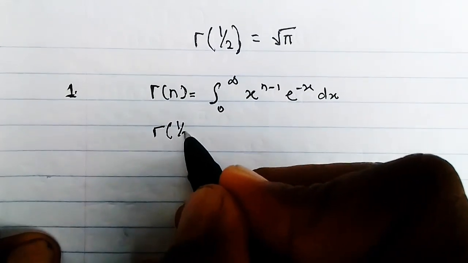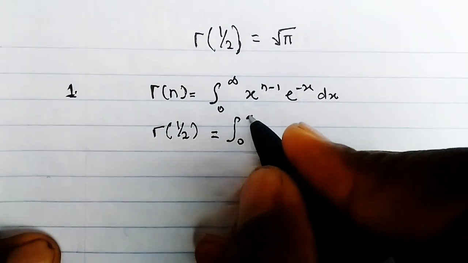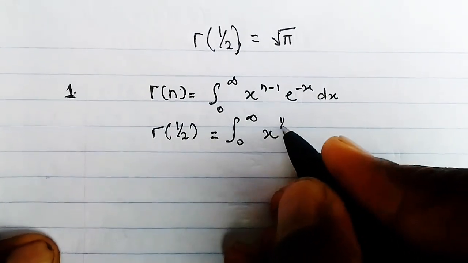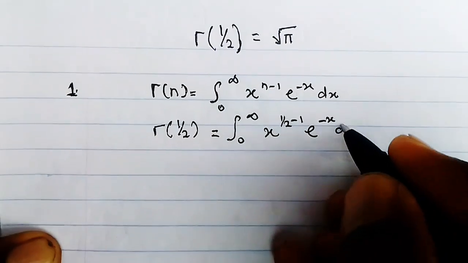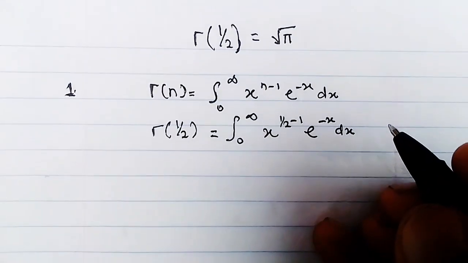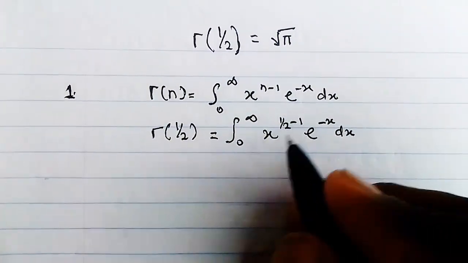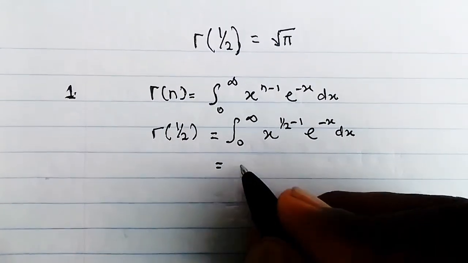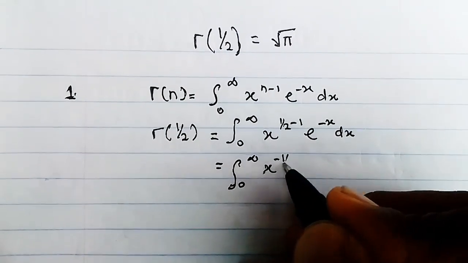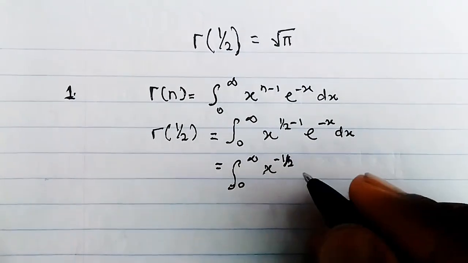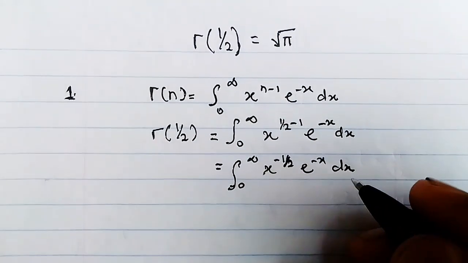Gamma of 1 over 2 equals the integral from 0 to infinity of x raised to power 1 over 2 minus 1, exponential minus x dx. So half minus 1 is minus half: the integral from 0 to infinity of x raised to power minus half, exponential minus x dx.